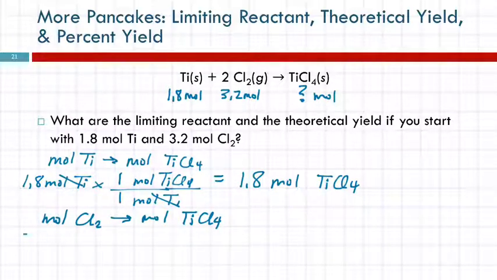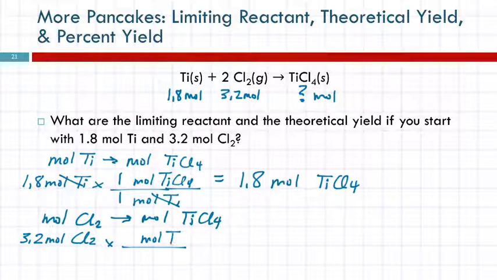So we've got 3.2 moles of Cl2. I want to multiply by moles of TiCl4 and divide by moles of Cl2. Well, there's a 2 in front of Cl2, so I'm going to write that down here. There's an understood 1 up here, so I'm going to write that down.